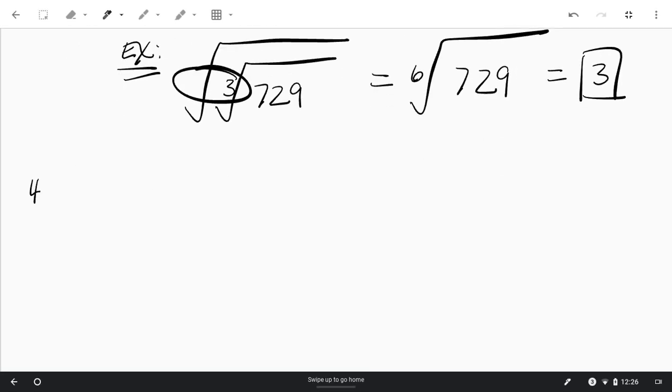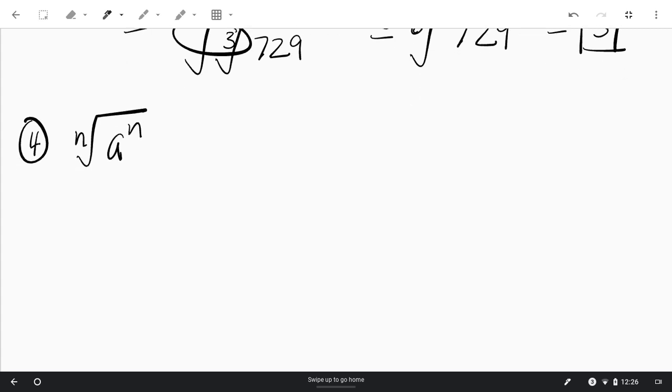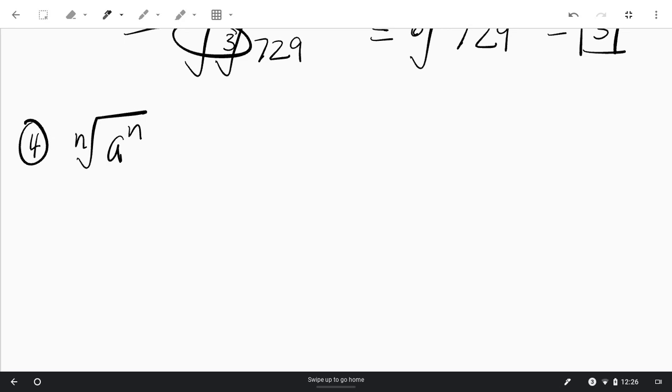All right, and then this last property, if you have the nth root of a to the n, we have 2 outcomes.